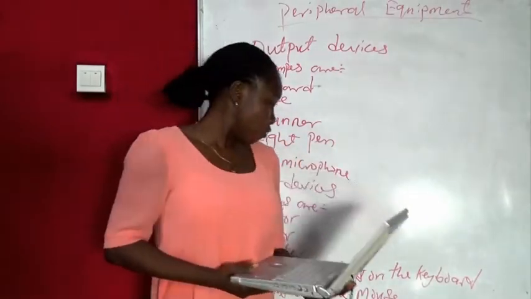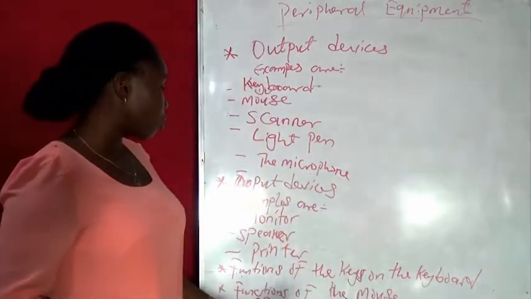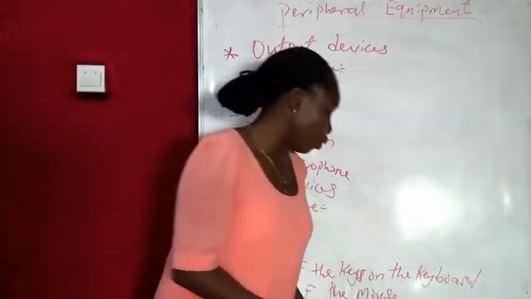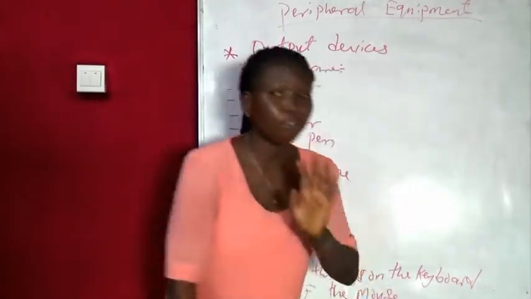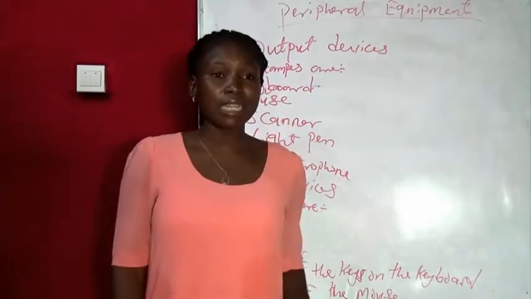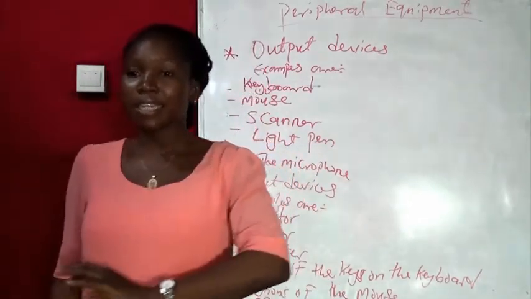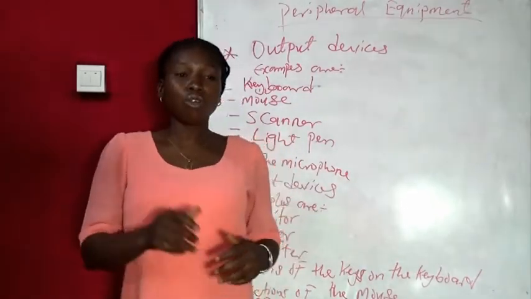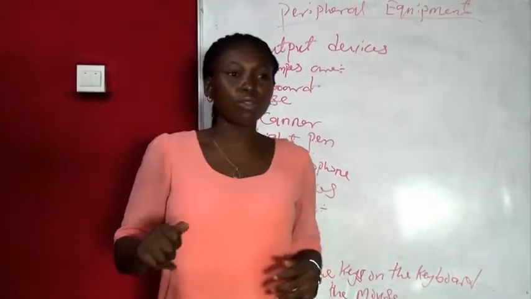Now I'm going to move to the functions of the mouse. The mouse, as we all know, has about four functions. You have the right click, the left click, the double click, and what we call the scroll wheel.